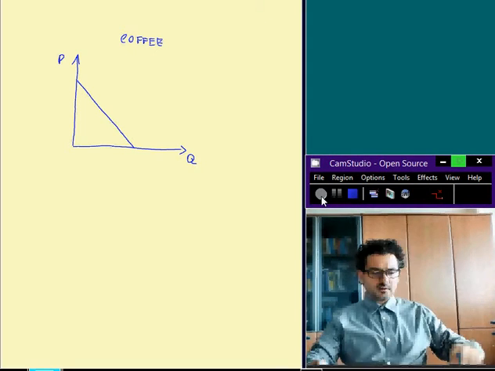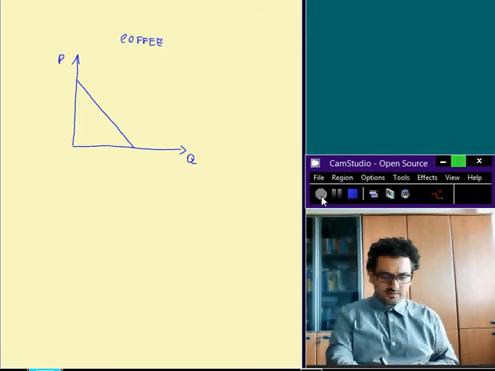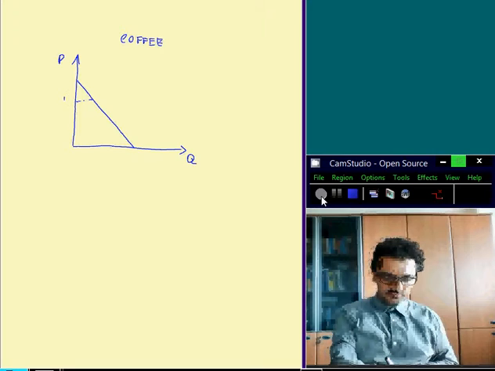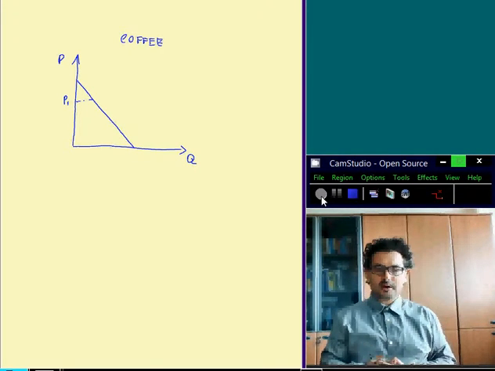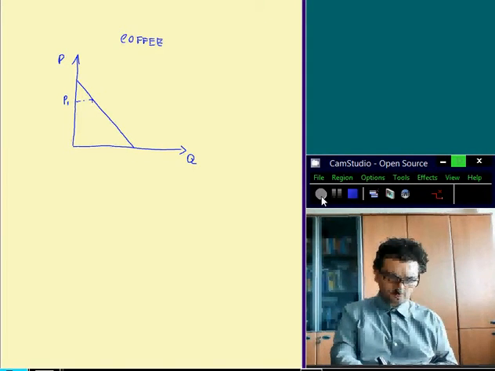In order to understand this picture, consider the level of price of coffee equal to P1, which identifies a specific demanded quantity which will be equal to, in this case, Q1.